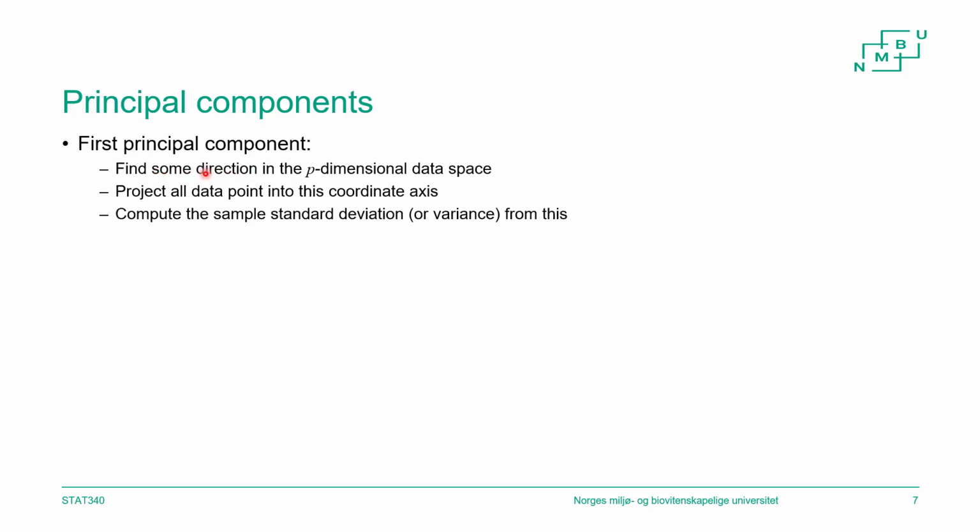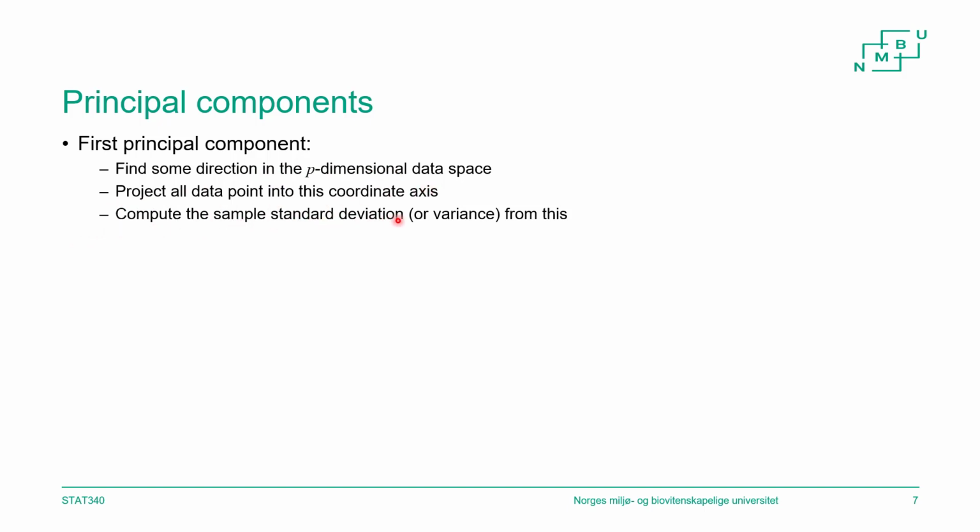Remember, all the coordinate axes are passing through the origin because we have centered the data, and they are perpendicular to each other. This new direction is not. This can be any angle, as we will see shortly. But define some direction randomly at first, and then project all data points onto this coordinate axis.